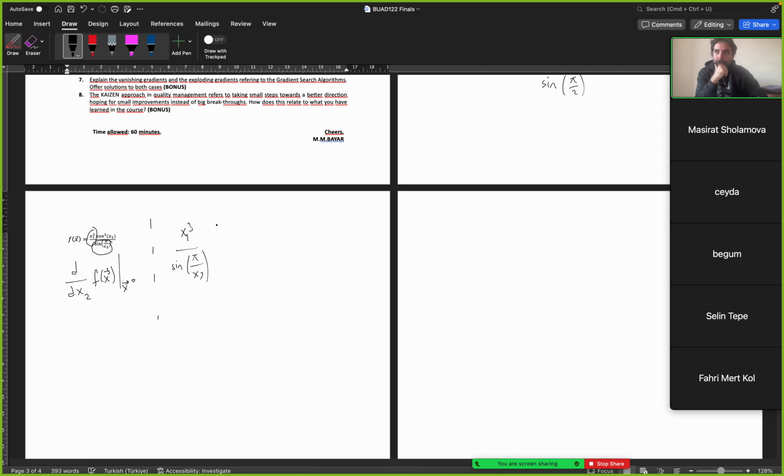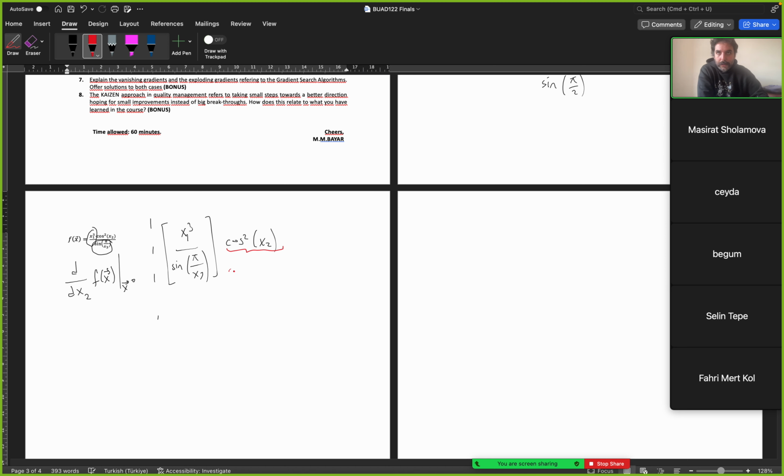And then this constant is followed by the x2 term here, which is cosine squared of x2, which requires a chain rule operation.